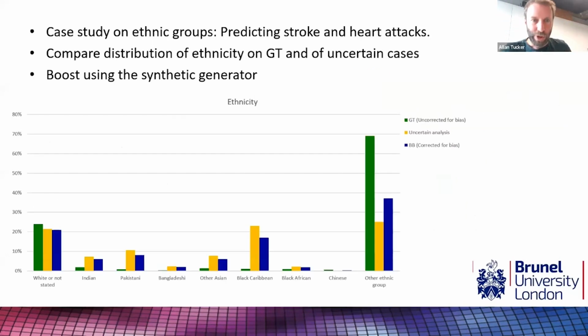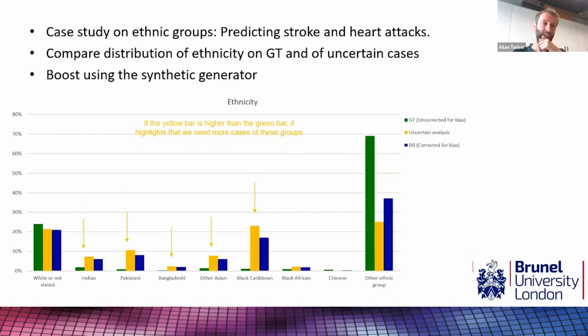What I want to show you now is just an example of Bayes boost in action. What we have here, firstly in green, is the distribution of a number of different ethnicities across the CPRD in the ground truth data. What we then have, using our probabilistic predictors, is the distribution of those same ethnicities, but just for individuals who have proven difficult and uncertain to predict a particular disease outcome.